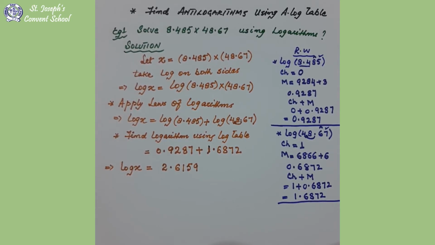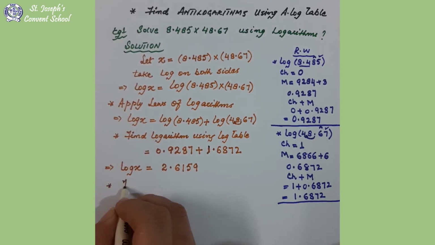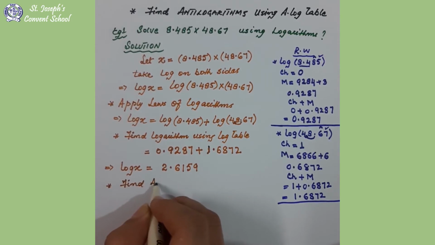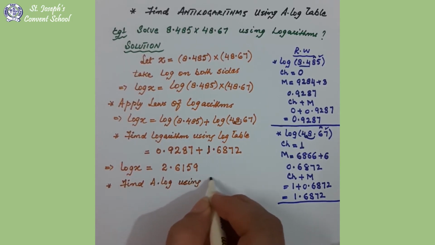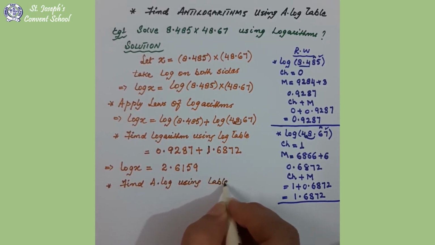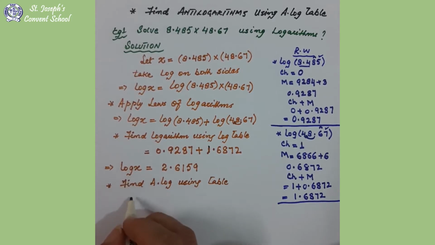Now the last step is to find the anti-log using the anti-log table. Okay, so x will remain here, log will go that side, so it will change into anti-log.